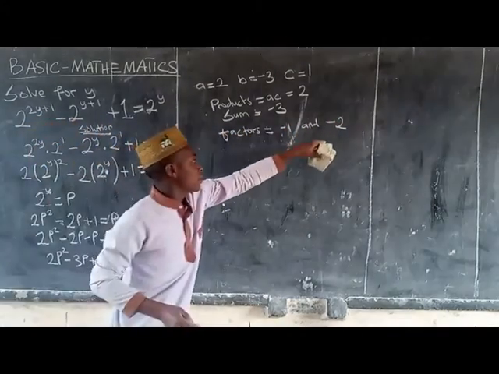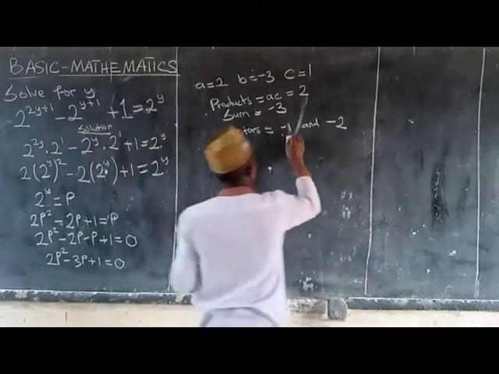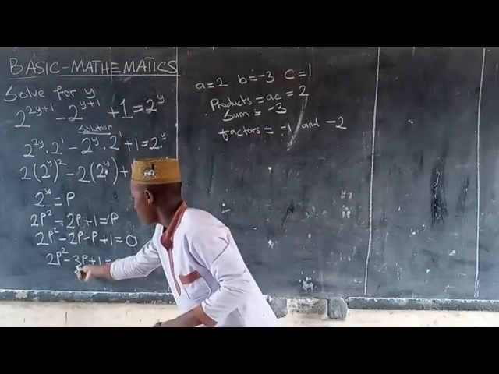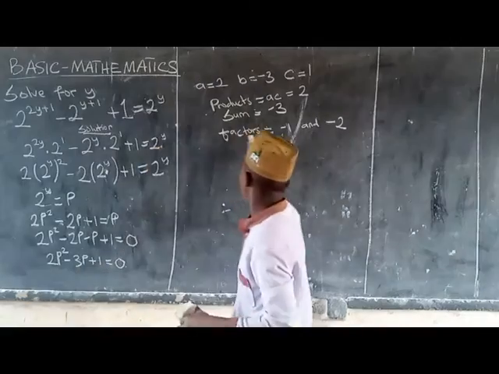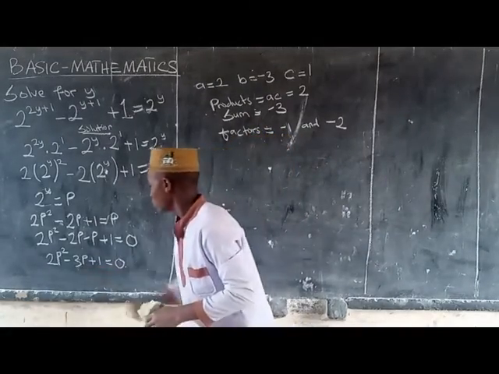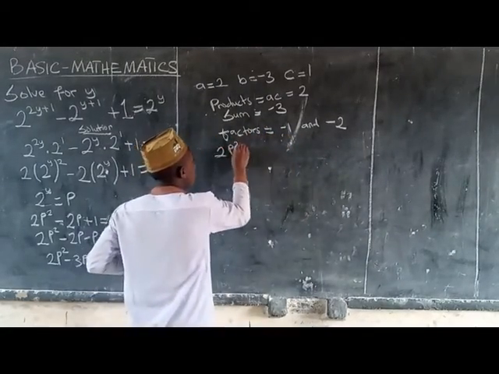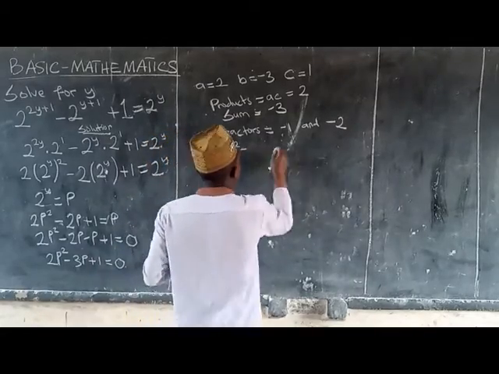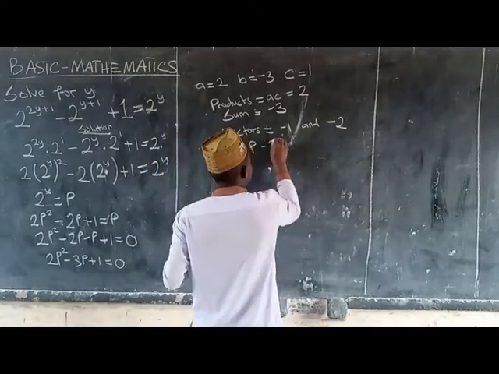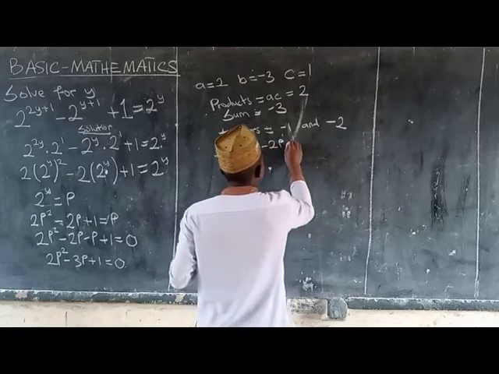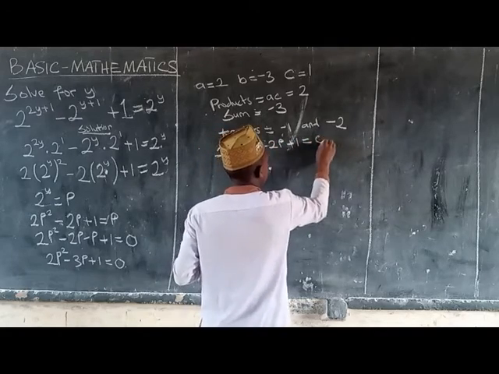We substitute these factors in the middle term. Instead of negative 3p, we have negative p minus 2p, so the equation is 2p squared minus p minus 2p plus 1 is equal to 0.